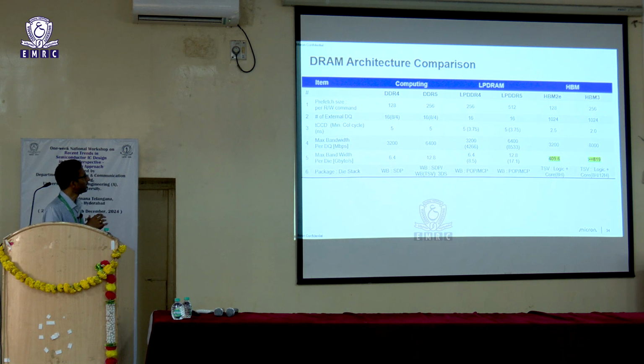But the key differentiator is your external DQs. We said it's by 4 or by 8 or by 16 in your computing world. LPDDR still supports by 16, but if you look at the HBM, it's 1024, which essentially means you can have a very wide IO interfacing with your GPU, and that is what gives you an enormous advantage of pumping a lot of data into your GPUs.